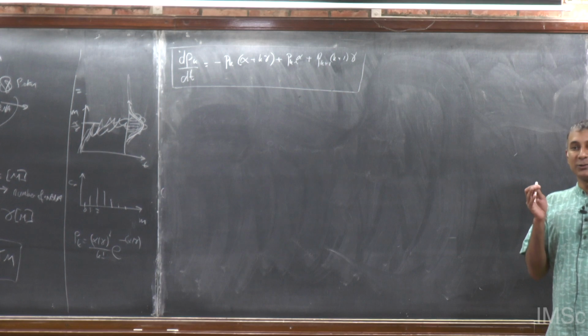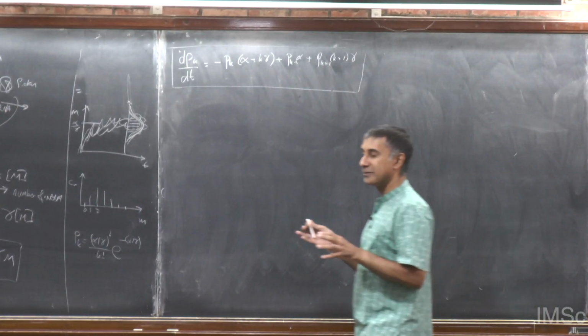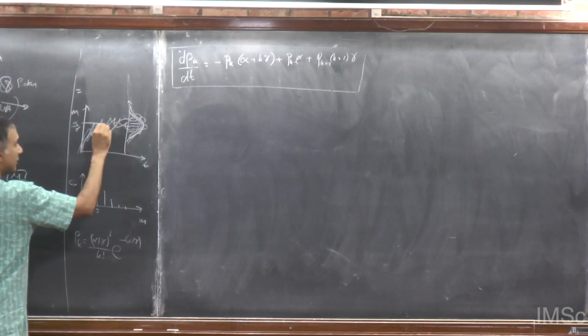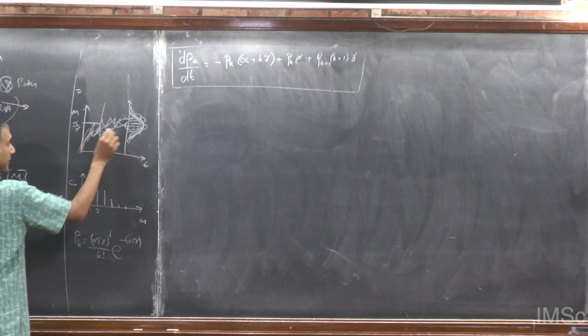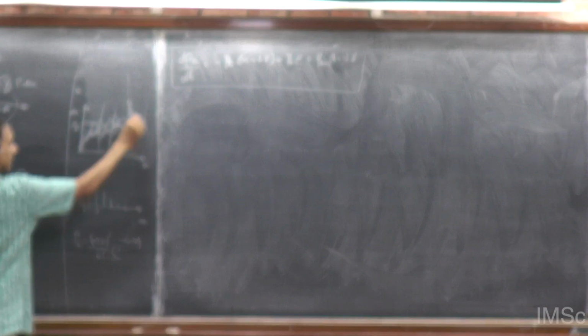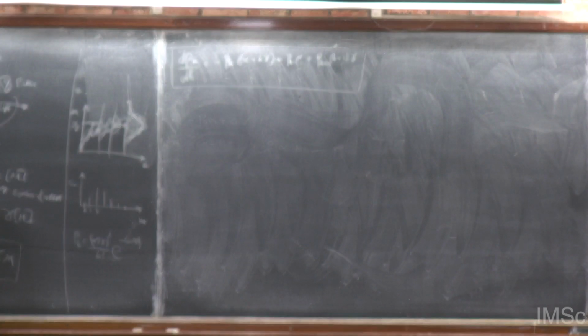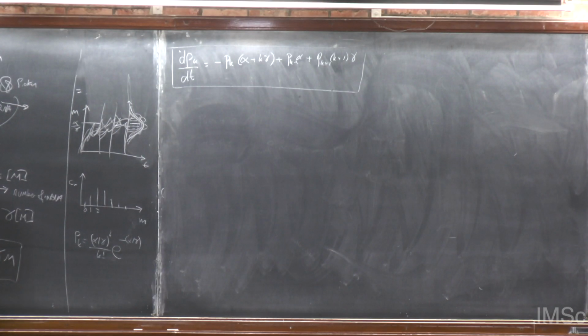I want to get a formula for the mean of this histogram as a function of time. At every point in time there will be a histogram, and I want to find a formula for the mean as a function of time. I'm not going to go to steady state. I don't want to solve all the equations.